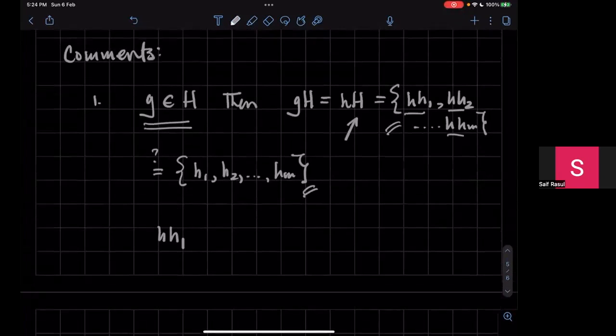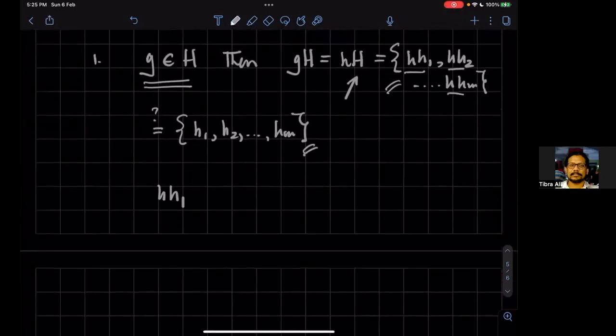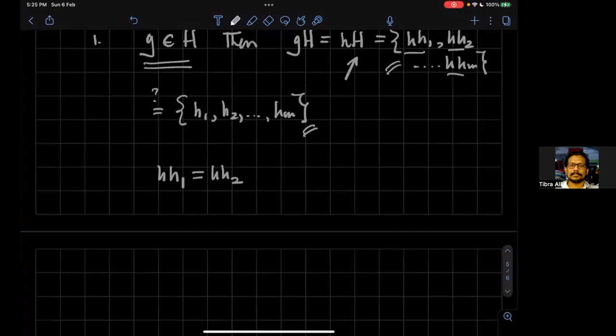And you have M elements, so at least 2 of them must be equal. If that is the case, then if we apply h inverse, we get h1 equals h2, which is a contradiction. I see. Yeah, that makes sense.